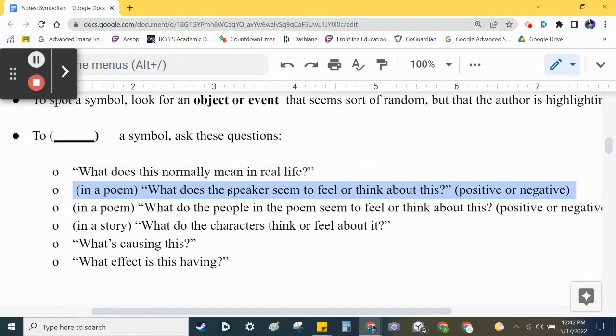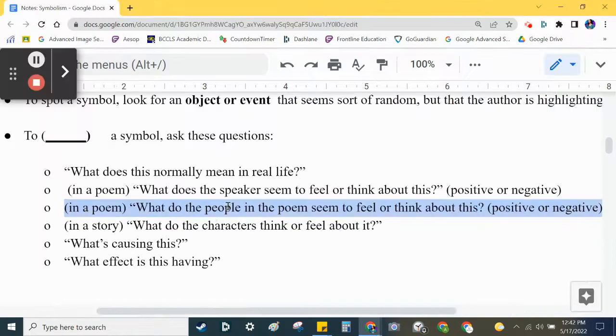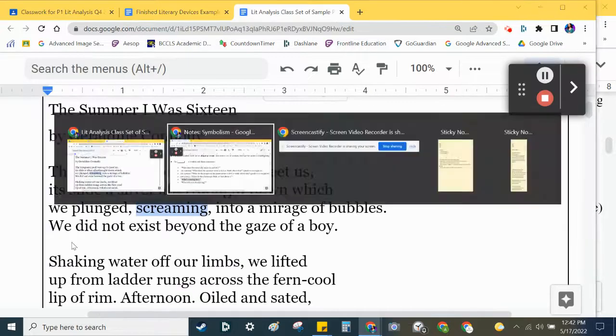What does the speaker seem to feel or think about this? And what do the people in the poem feel or think about it? They're screaming. She could have said laughing. So I feel like it's fun, but it's also kind of thrilling and maybe a little frightening. What's causing it? Not really sure, except they're at the pool.